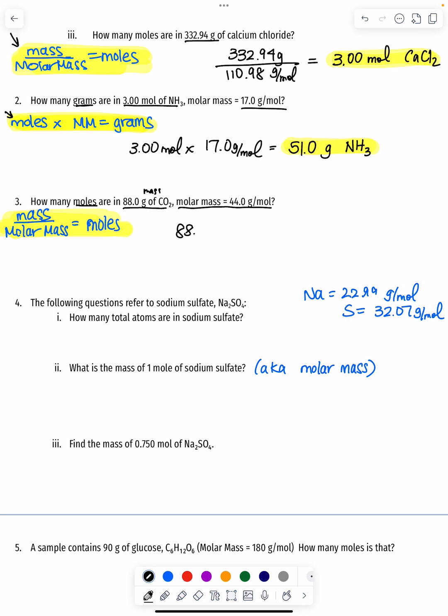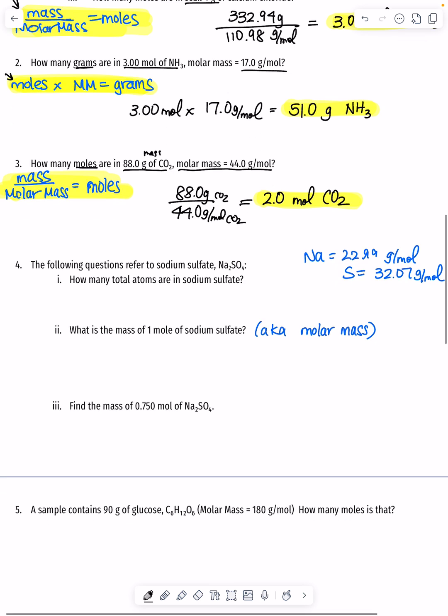So let's do that. 88 grams divided by 44 grams per mole, and these both have to do with CO2. If I do this math on a calculator, 88 divided by 44, I simply get 2 moles of CO2. Final answer done right there.